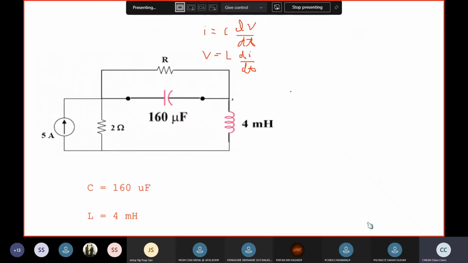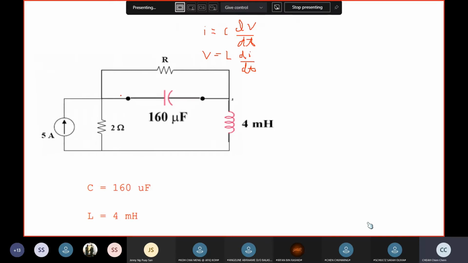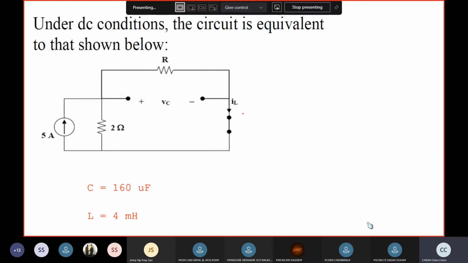This means the circuit is equivalent to this circuit over here under DC conditions, because your capacitor is open and your inductor is short. From this circuit you can see that it's just a resistor circuit. The only difference now is that we want to make the energy stored in the capacitor equal to the energy stored in the inductor at steady state, by specifying this value of the resistor R.